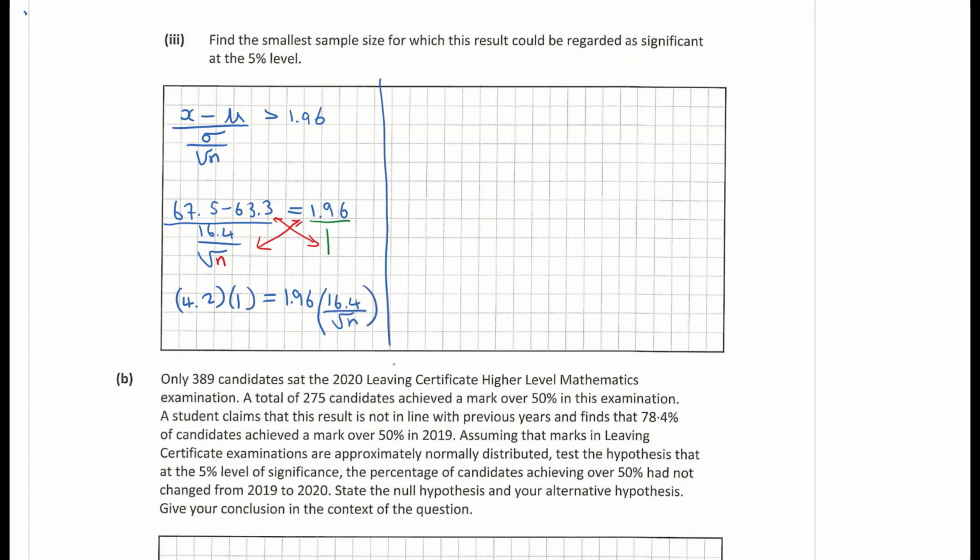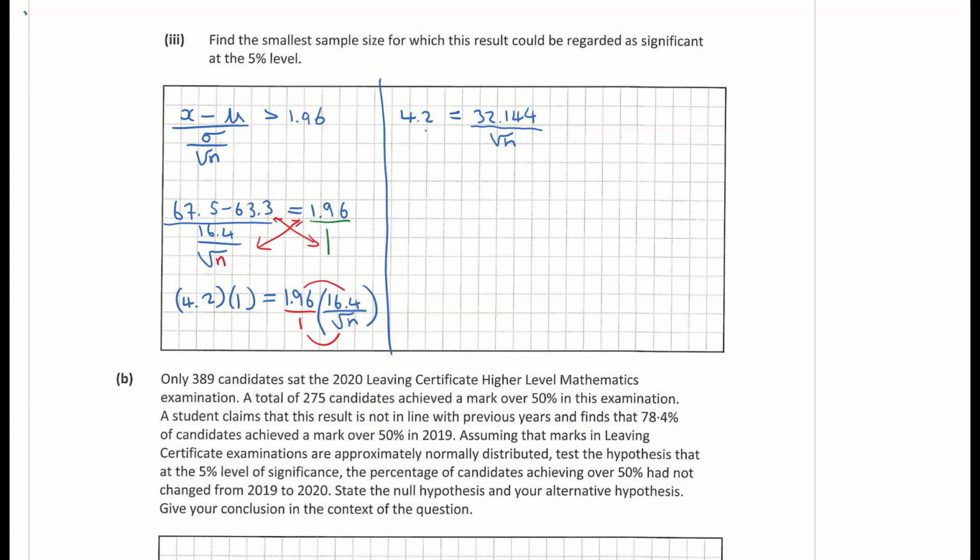And I'll tidy that up a little bit. 4.2 by 1 is 4.2 is equal to, now I'm just going to multiply in this 1.96 into the bracket. So again, this is over 1, so multiplying fractions, top by top, bottom by bottom. So 1.96 by 16.4 is giving me 32.144 over the square root of n.